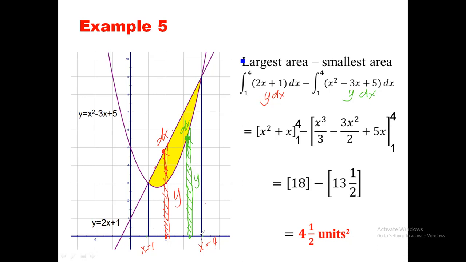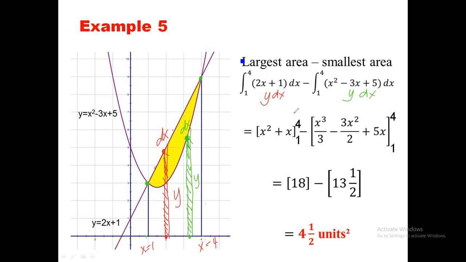At the same time, it represents the point of intersection of our curve and our line. If this 1 and 4 is not given, you should be able to find the point of intersection of this curve, x squared minus 3x plus 5, and this line, 2x plus 1. I will discuss that later. But for now, this is how we determine the area of the yellow region.